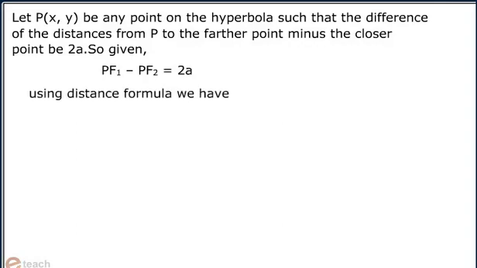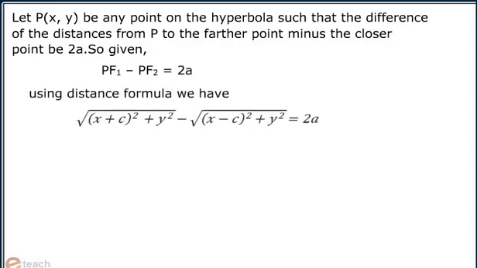Using the distance formula, we have the square root of (x plus c) squared plus y squared, minus the square root of (x minus c) squared plus y squared, equals 2a.